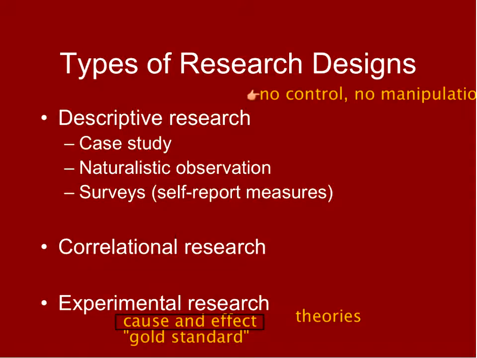I could do descriptive research by sitting in front of my house and counting the number of cars that drive by over the course of the day. That's descriptive research, where I'm just describing something. Obviously, when we're just describing something and we're not controlling or manipulating anything, we don't have any ability to discern cause and effect relationships. All we're doing, again, is just describing something.